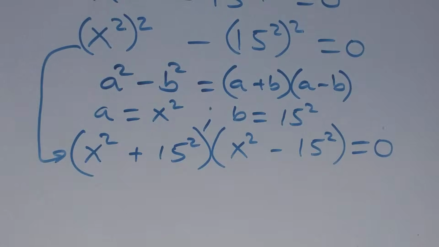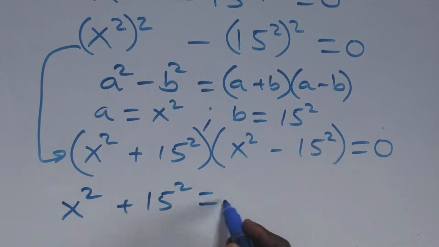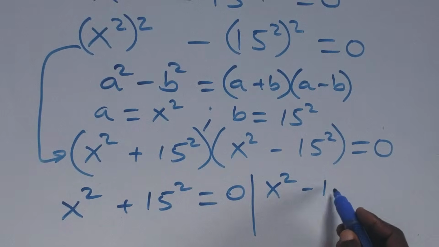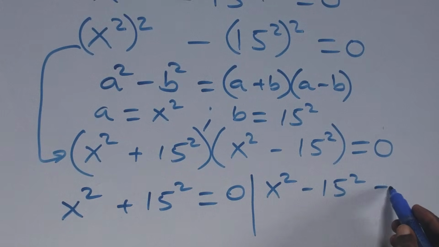And we have two cases from here. First one, x square plus 15 square equals 0, or x square minus 15 square equals 0.